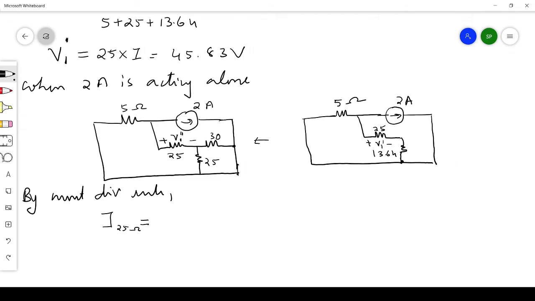By current division rule, it is total current into the resistance of the other branch, since both are connected in series, the same current will be flowing through this one. So the resistance of the other branch is 5, divided by the total resistance, that is 5 plus 25 plus 13.64, so we'll be getting the answer as 0.23 amperes.